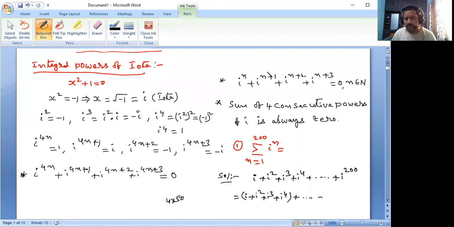The last terms, i power 197, i power 198, i power 199, plus i power 200, this is also 1 unit. So like that, how many units are possible? 50 units. Each unit sum is 0. So the total answer is 0, right?